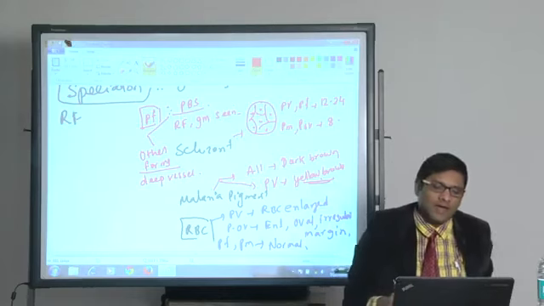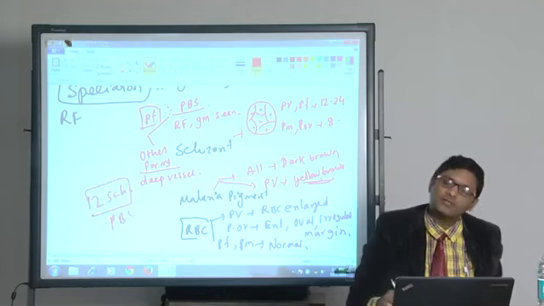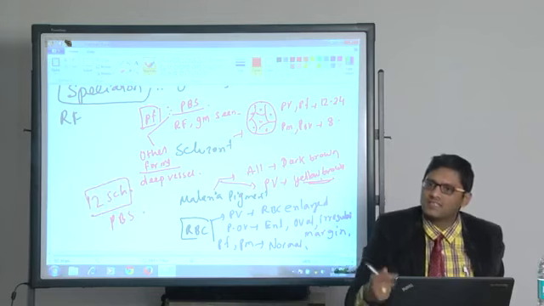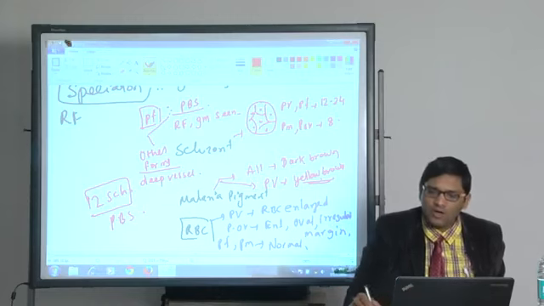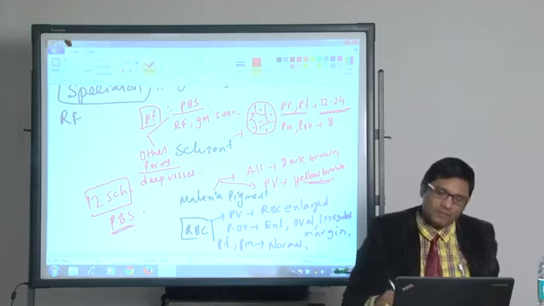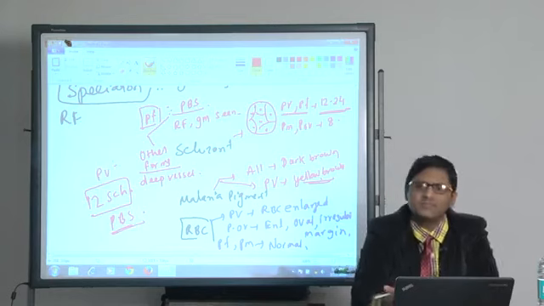That means, if I ask you, if you see a schizont with 12 to 24 merozoites in a peripheral blood smear, which species is it, falciparum or vivax? 12 to 24 is either falciparum or vivax, but in peripheral blood smear only vivax is seen. Falciparum is not seen.